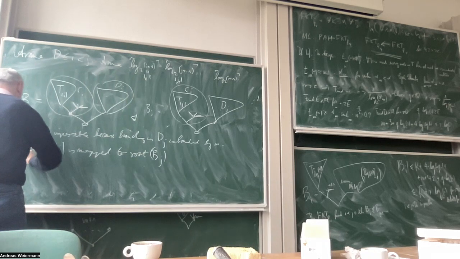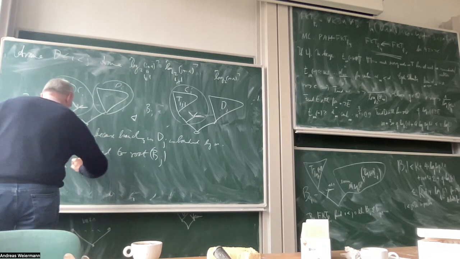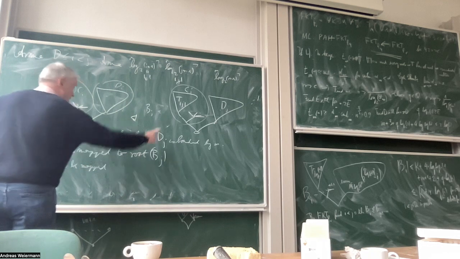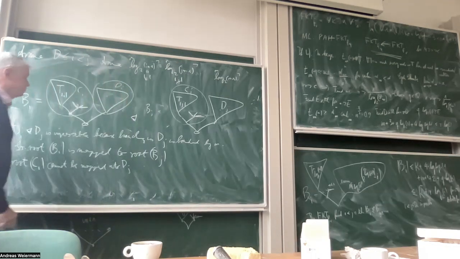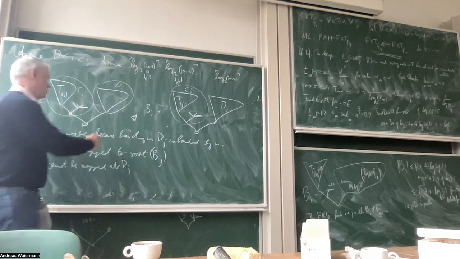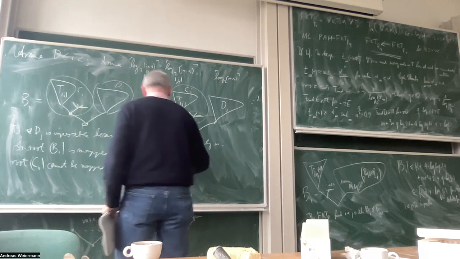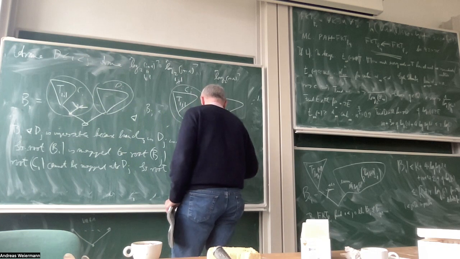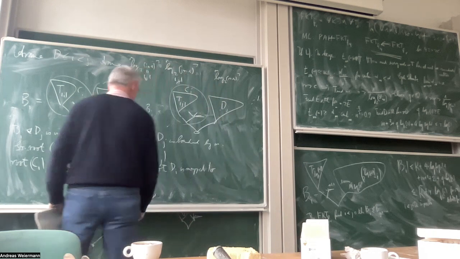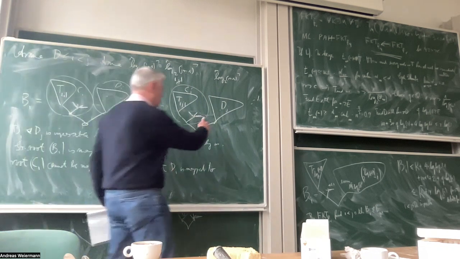Now root of ci cannot be mapped into dj. Hence, the root of di is mapped to dj.